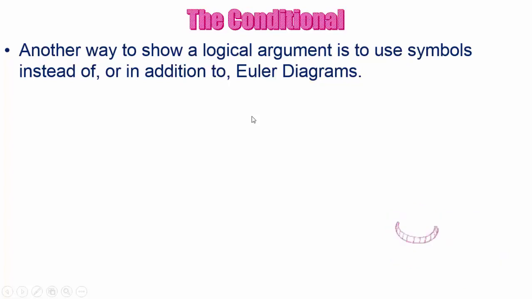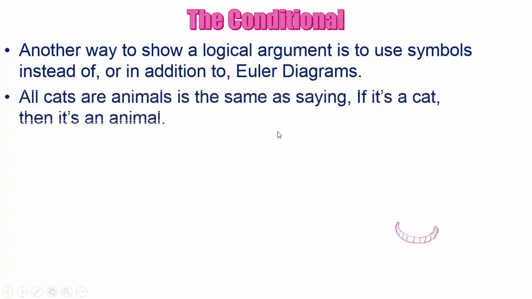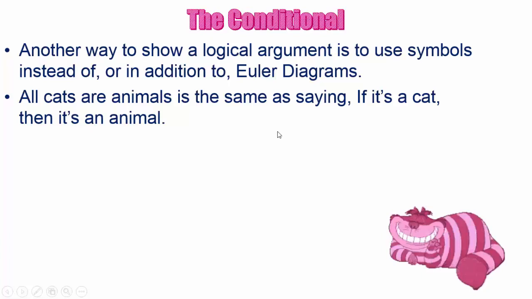Another way to show a logical argument is to use, instead of an Euler diagram or along with an Euler diagram, symbols. So, all cats are animals is the same thing as saying, if it is a cat, then it is an animal. This is called an if-then statement.